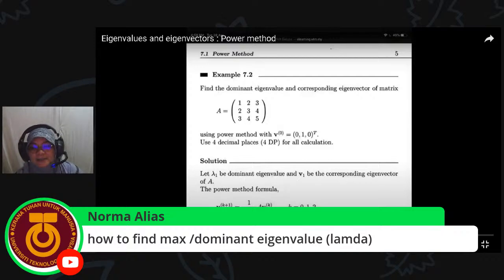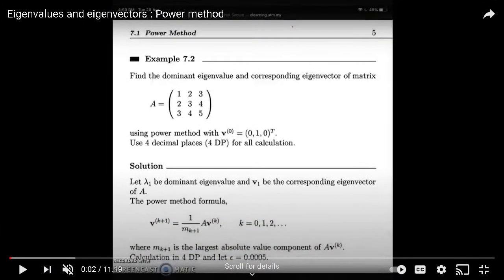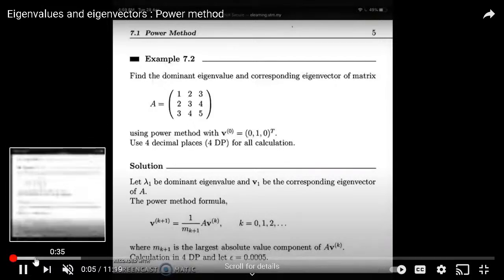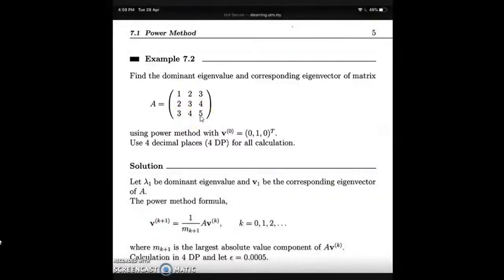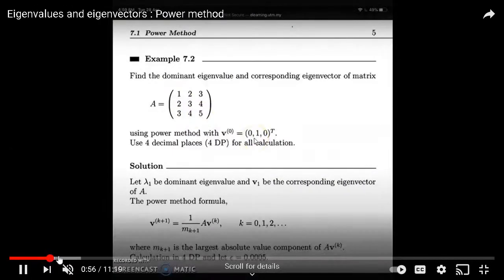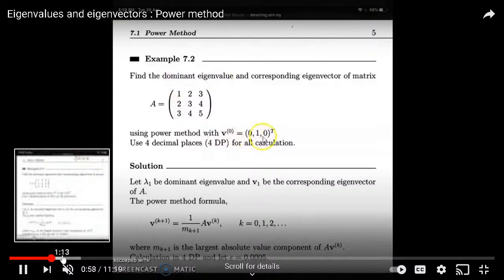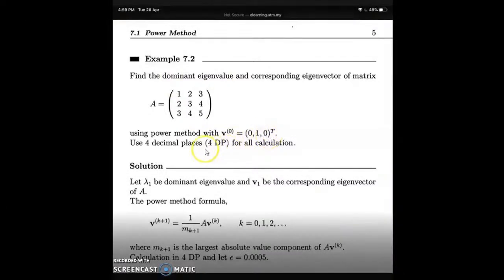Let's refocus on our lecture. We know that the power method is vk equal to mk plus 1 Avk, an iteration. We want to find the dominant eigenvalue from the matrix 1, 2, 3, 2, 3, 4, 3, 4, 5.